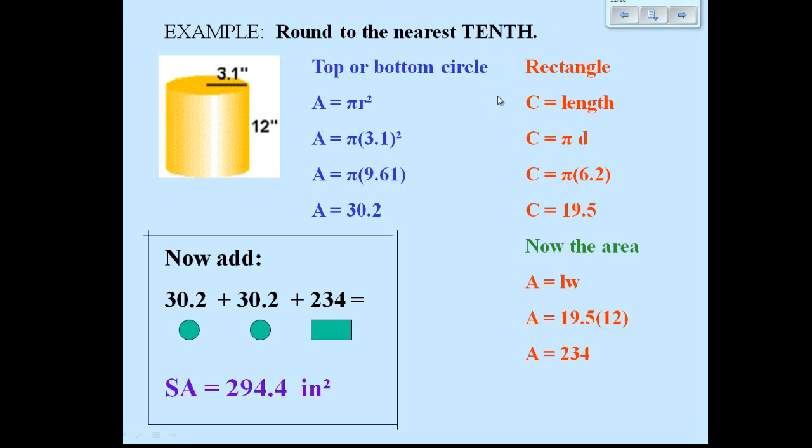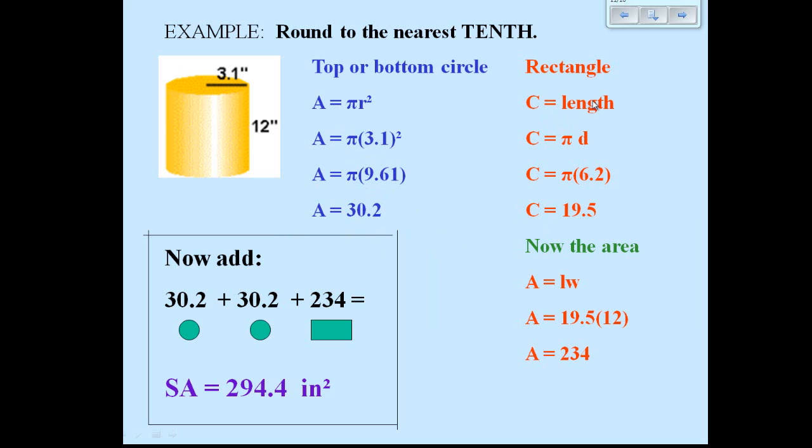But before I do, let me leave that blank for a minute. To find the surface area, we have to find the area of the top and the bottom of the circle, which is 30.2. I have 2 of those because I took 3.1 and I squared it, and then I multiplied it by pi and answered to the nearest tenth.